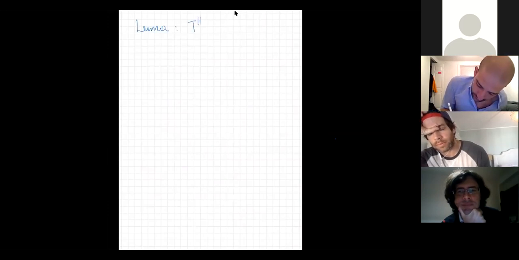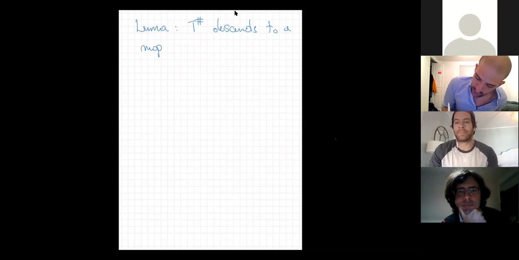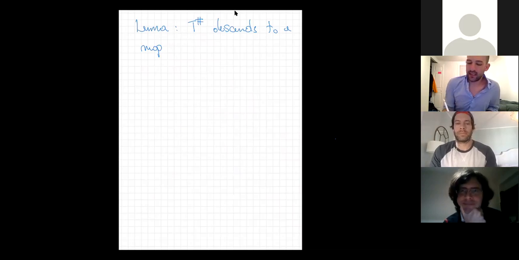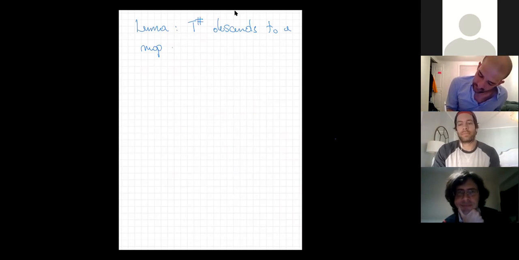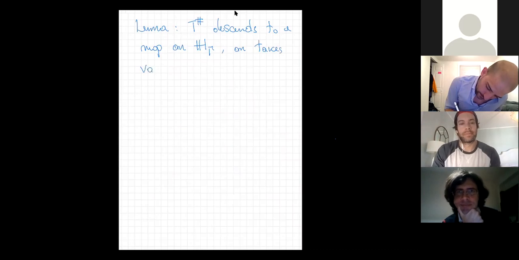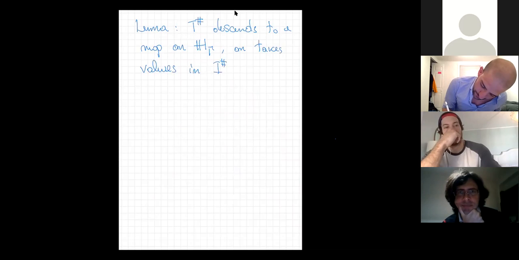T sharp descends to a map on H gamma, and there is an important remark about this map: it takes values in the even part of the instanton group.